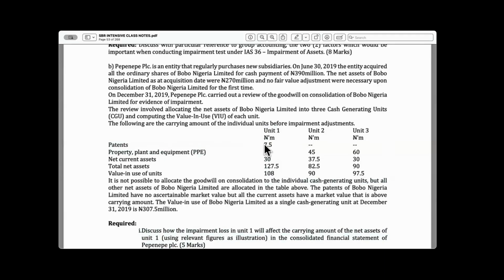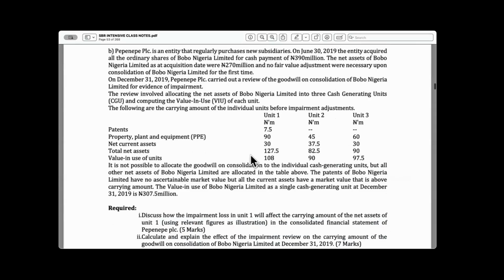So the patent is 7.5. The PPE is 90 plus 45 plus 60. The net current asset is 30 plus 375 plus 30. You add them together. Whatever value you get, you also add the goodwill of 120. Whatever total you get is the carrying amount.